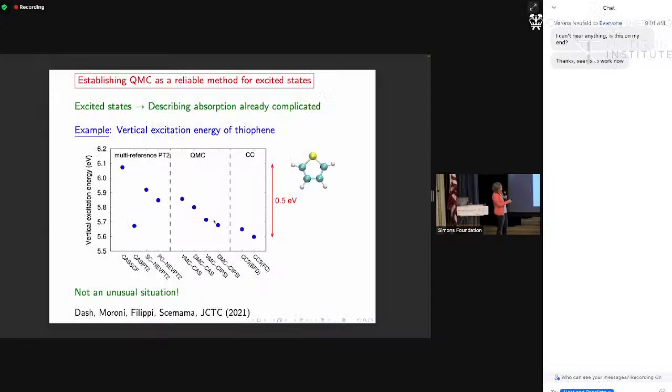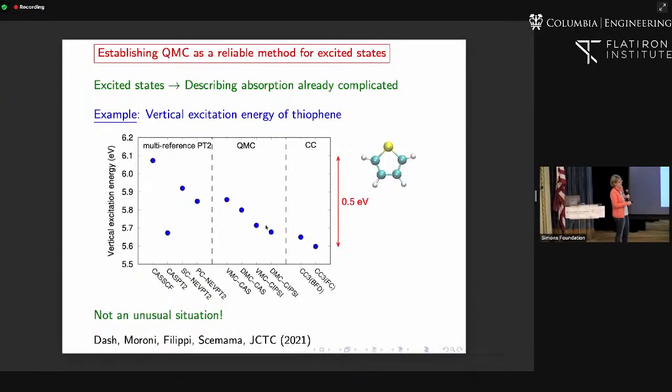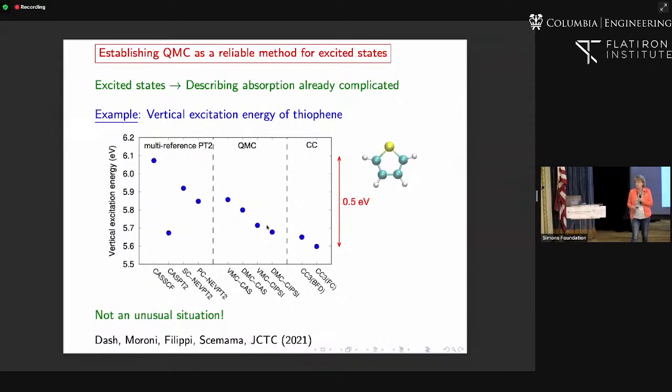This is quantum Monte Carlo, VMC, DMC with different wave functions, and these are coupled cluster, an approximate model up to third order in coupled cluster. For this molecule, coupled cluster CC3 is actually reliable, but the whole range is 0.5 eV, which is large. Often you're told that time-dependent DFT has problems, but these are correlated calculations, and the spread is not nothing. And the situation is not unusual.